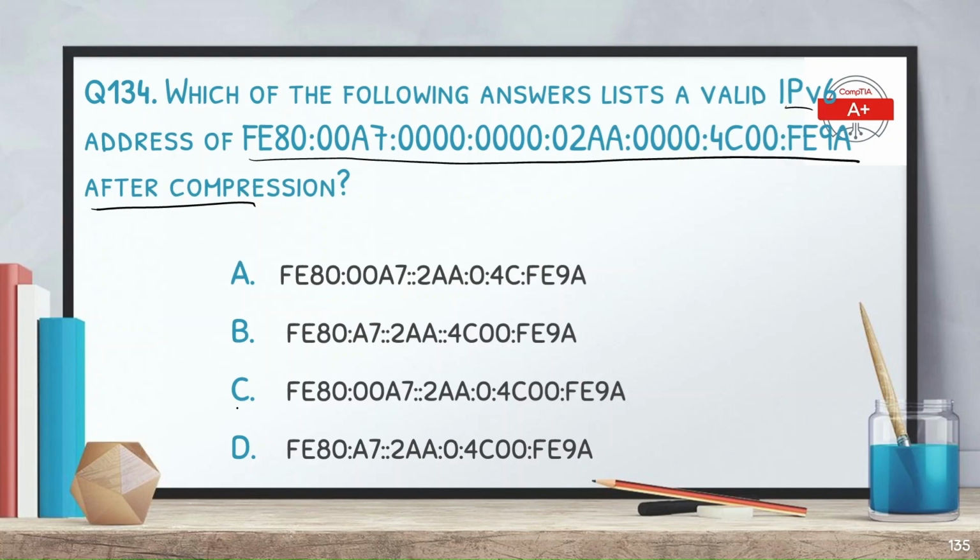And the options are A, B, C, D, and the correct option is D, FE80 A7. So here we can see that after A7 we have these 0080, and these are compressed to simply this colon. Then again we have these 0040, they are again compressed to this 10, and that's it. So anywhere we have these 00, they can be compressed to a colon.